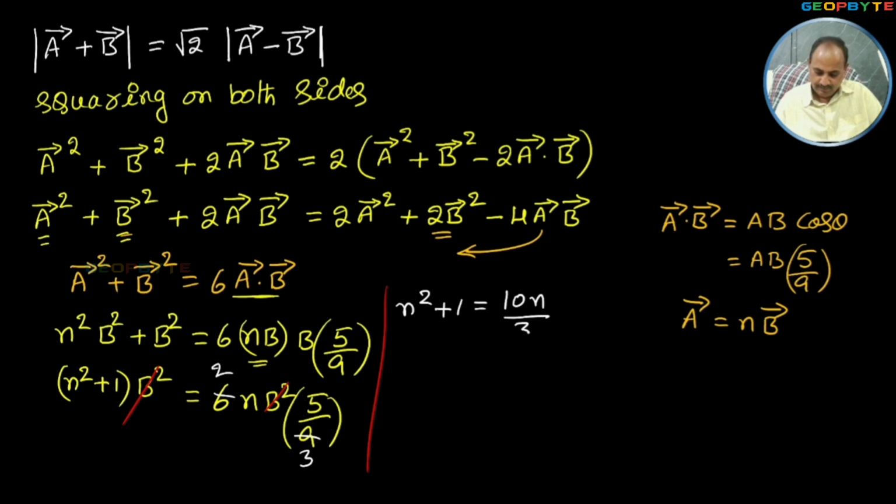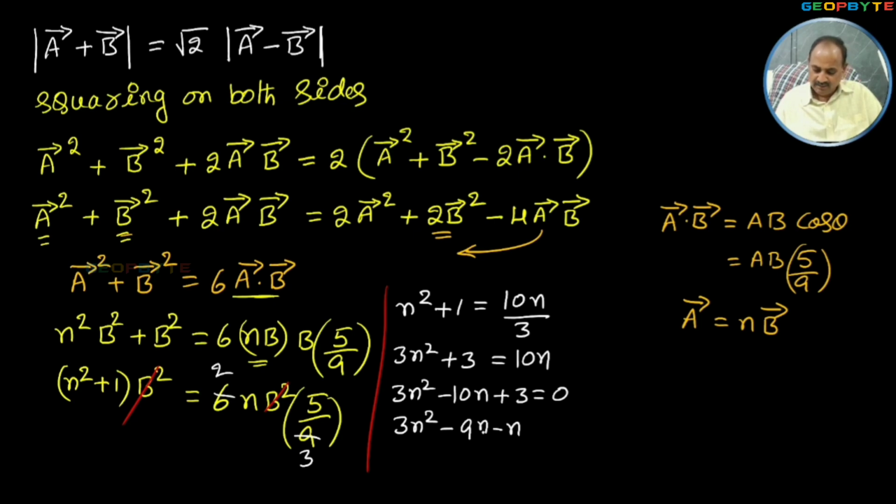So cross multiplication: 3n square plus 3 is equal to 10n. Simplify it: 3n square minus 10n plus 3 is equal to 0. This can also be written as 3n square minus 9n minus n plus 3 is equal to 0.